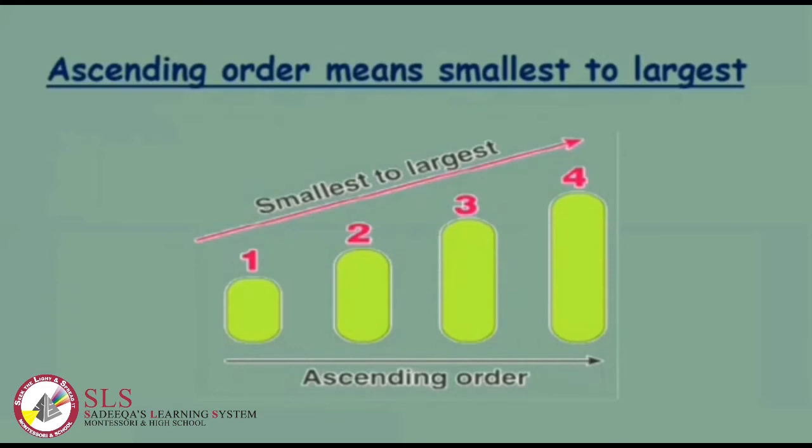As you can see in the picture, the order is starting from 1, which is the smallest, and moving to the bigger number like 2, 3, 4. So the ascending order is starting from the smallest to largest.